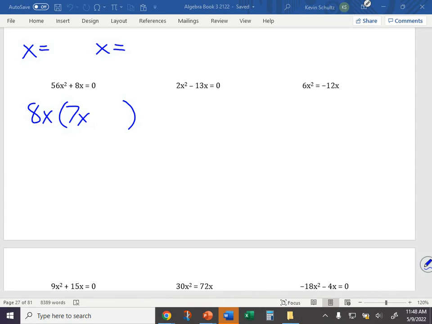Mathematically what we're doing is taking 8x and dividing it by our greatest common factor, 8x. What would that expression equal? 1. Not a 0, it'll be a 1. Because if you distribute 8x back in, 8x times 1 gives us our original 8x, whereas 8x times 0 would be 0.